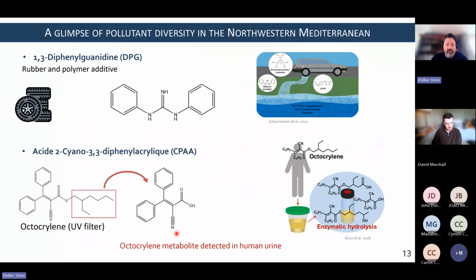It's this carboxylic acid, and it results from the hydrolysis of this UV filter called octocrylene. It's known from the literature in Burry's work that when you put octocrylene on your skin, it's going to go through the skin into the bloodstream and eventually be hydrolyzed in the liver, and it's going to be excreted in urine as this compound.